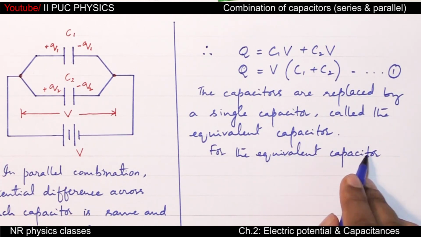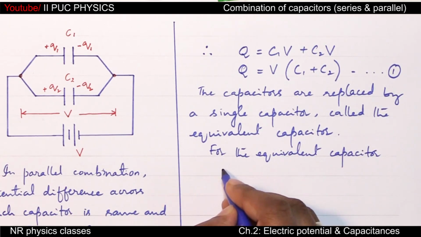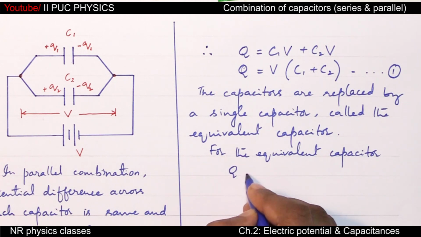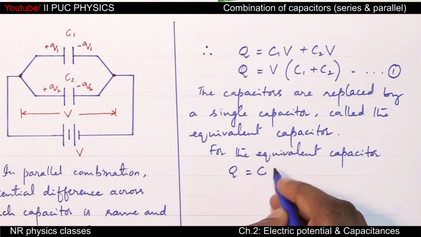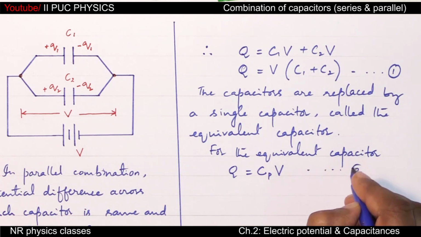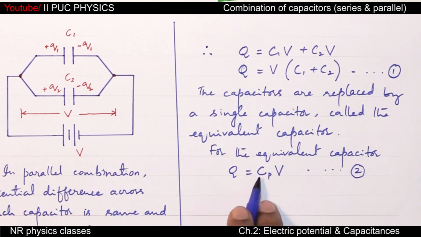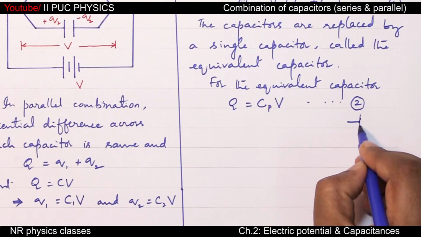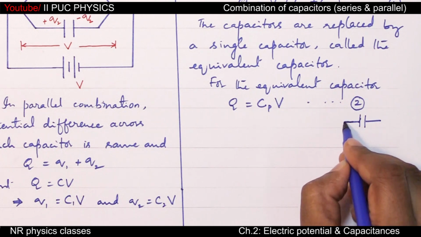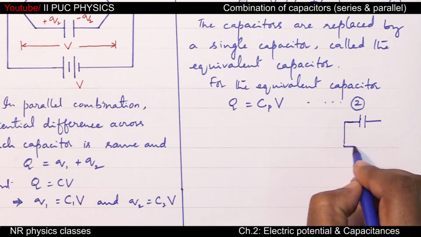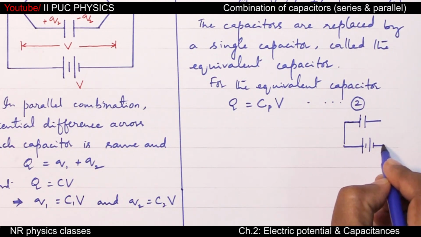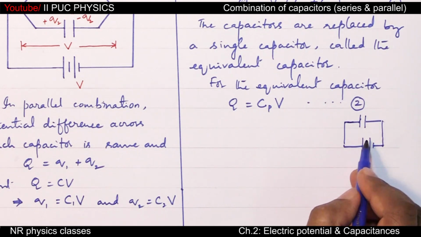For the equivalent capacitor, Q equal to C parallel into V. This is equation 2. CP is parallel combination. So if this is the equivalent capacitor, single capacitor, which when connected across the same battery should store same charge.